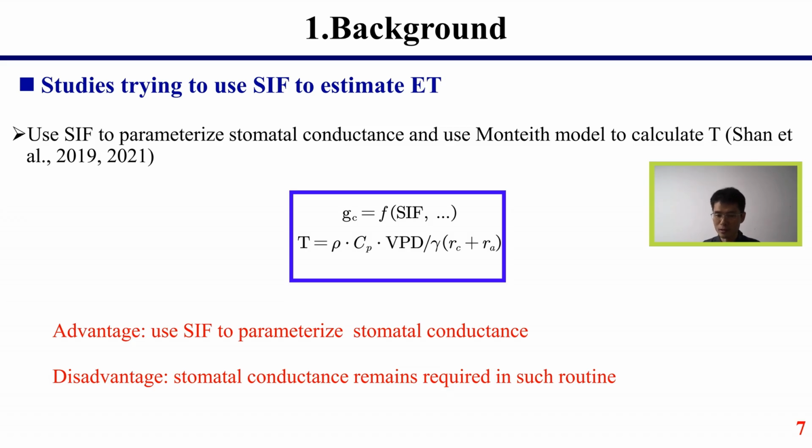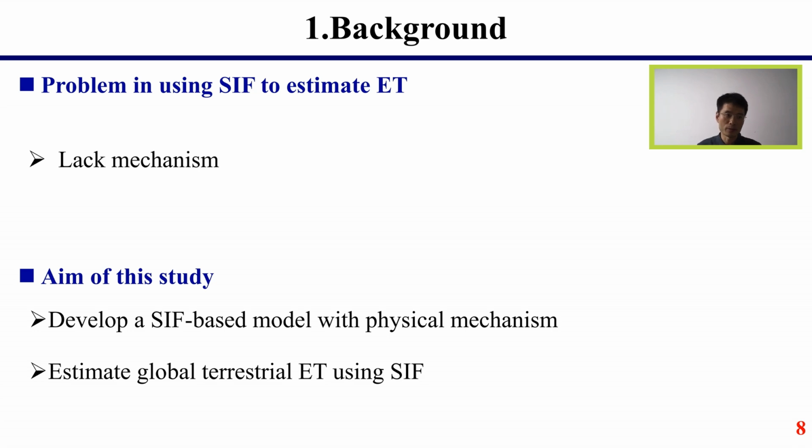If we use this parameter, the uncertainty associated with it is inevitable. So when we want to use SIF to estimate evapotranspiration, the previous models all lack a mechanism. They just use an empirical equation, or just use SIF to parameterize stomatal conductance. They still lack a mechanism.